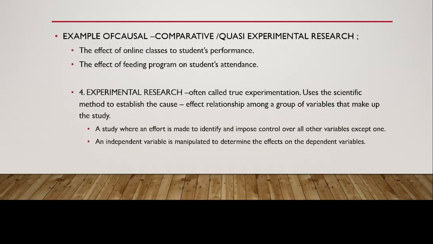So that's the experimental research, or known as true experimentation. Again, that uses scientific method or process to establish the cause and effect relationship among the group of variables that make up the study. Okay?